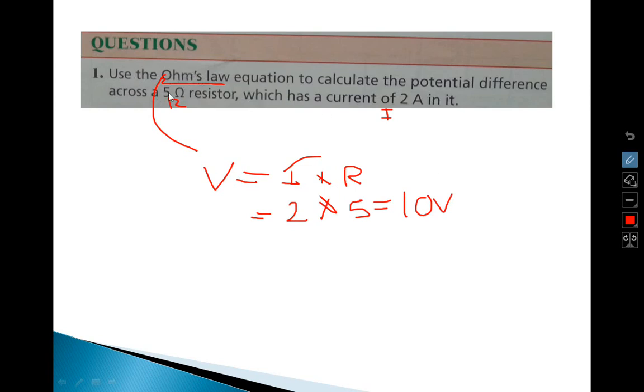We have R and I, and we need to calculate V. So just write down Ohm's law, then substitute the values in this equation, and you will get V.